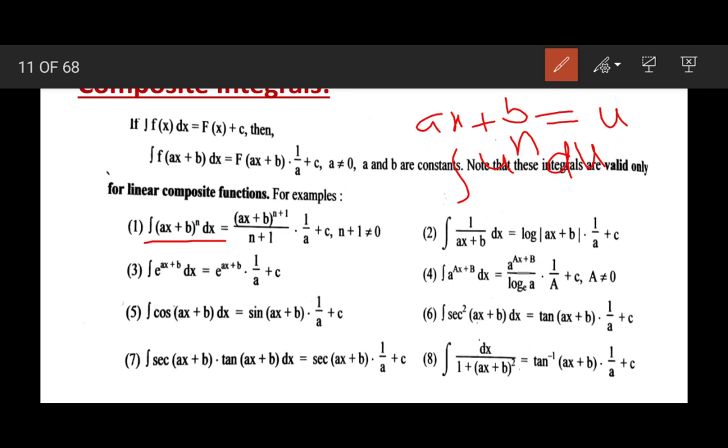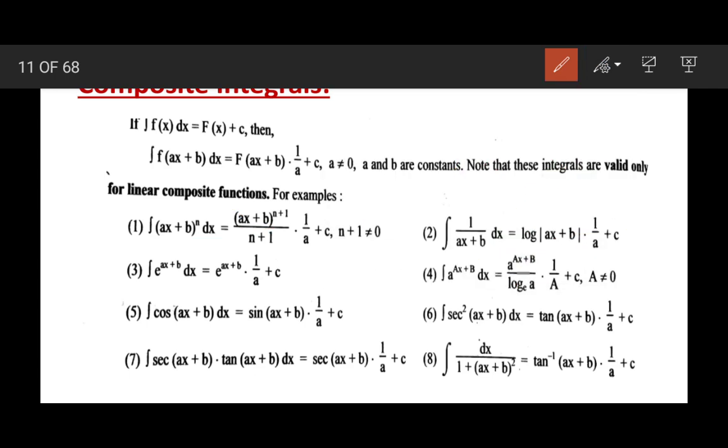So that means the integral is u raised to n plus 1 upon n plus 1 plus c. So instead of u, I am writing ax plus b. So ax plus b raised to n plus 1 upon n plus 1, then divided by the coefficient of x, means into 1 upon a, plus c.